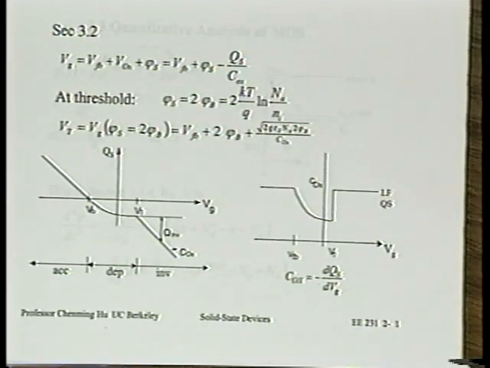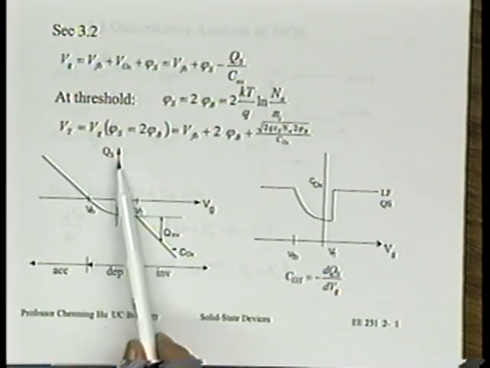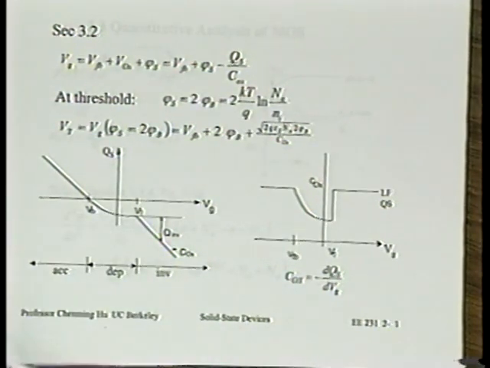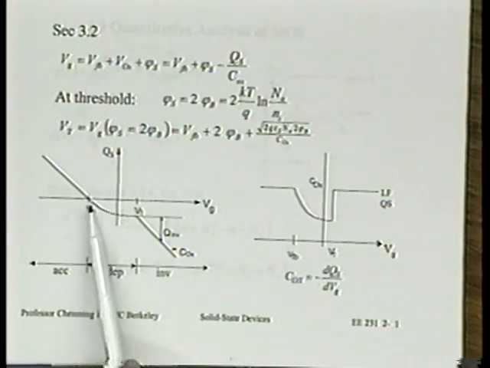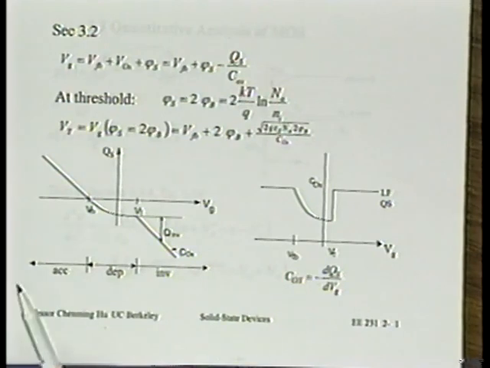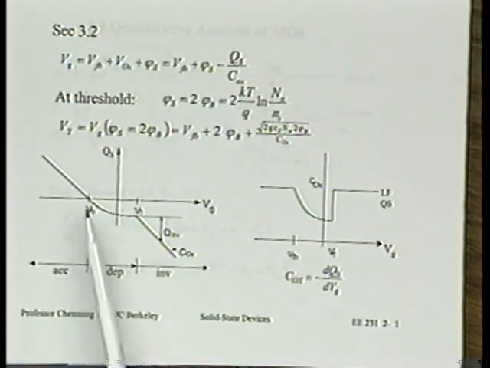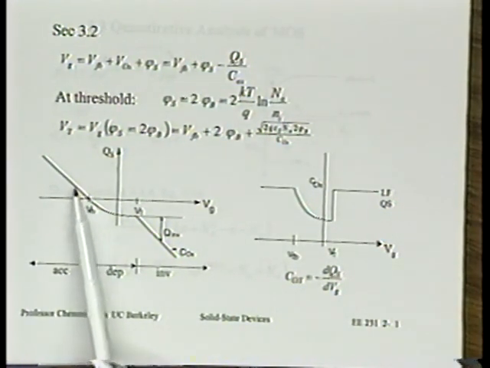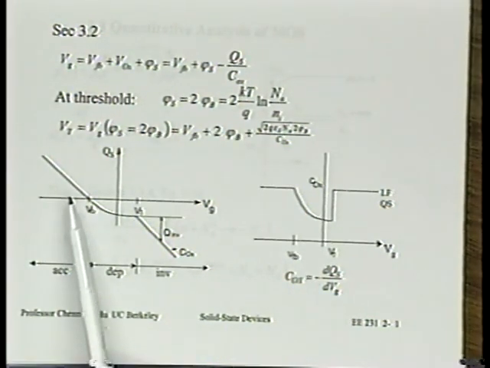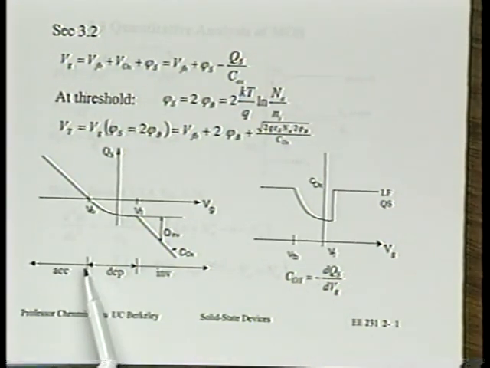All right? So let's see if we can make this plot: the substrate charge as a function of Vg. Now we know at flat band condition there's no substrate charge. Is that right? We're assuming there are no fixed oxide charges. We'll throw those in later. And when we are in accumulation, we just have a capacitor, except the linear relationship between Q and V is offset by a voltage called VFB.